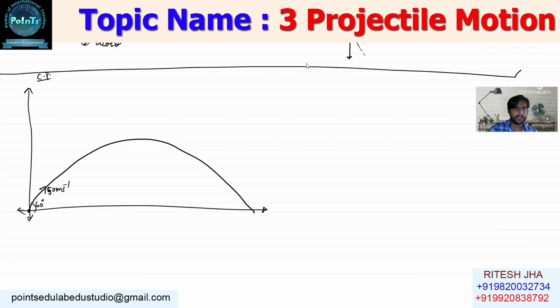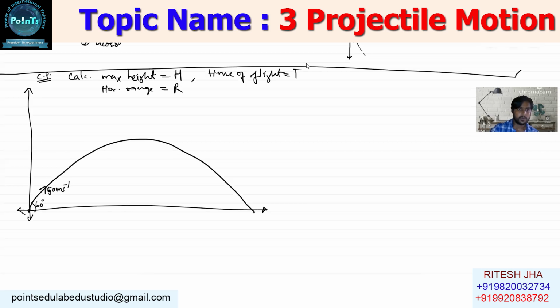What we have to find out: calculate the maximum height, which we name capital H. Calculate the horizontal range, capital R. After that, calculate the time of flight, the total time taken to cover this journey, let's say capital T.